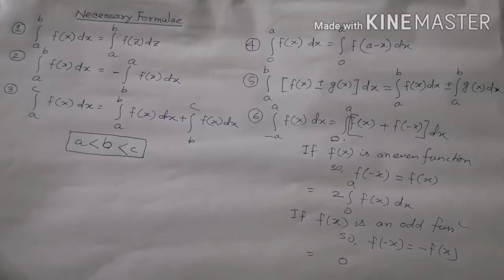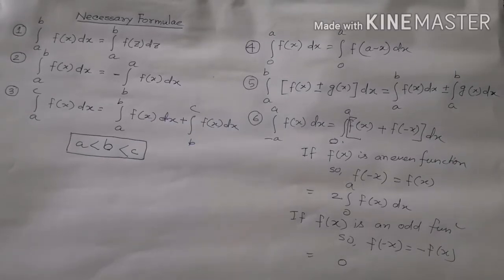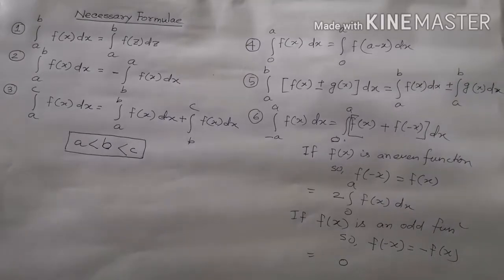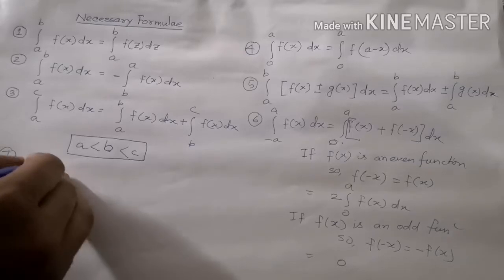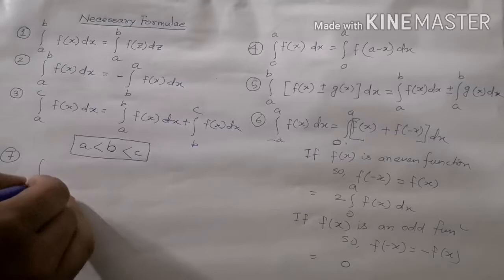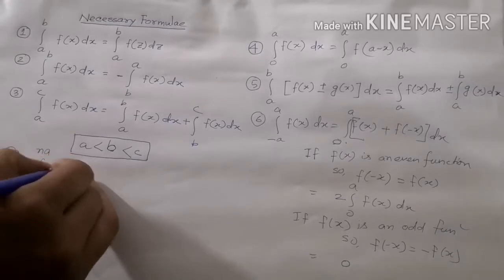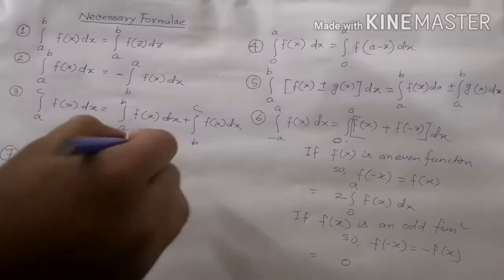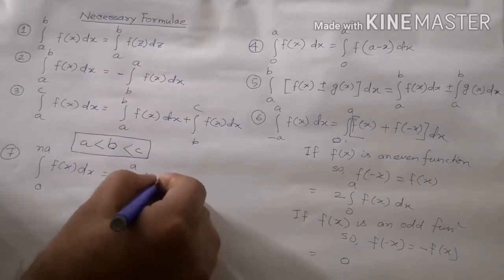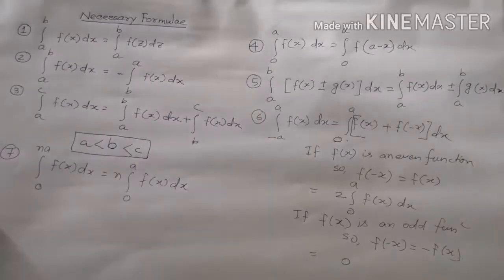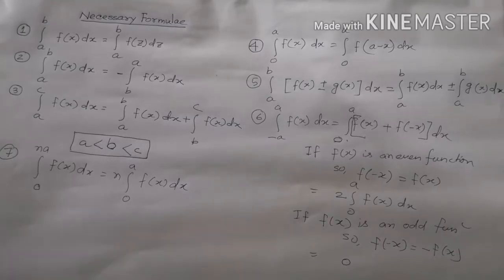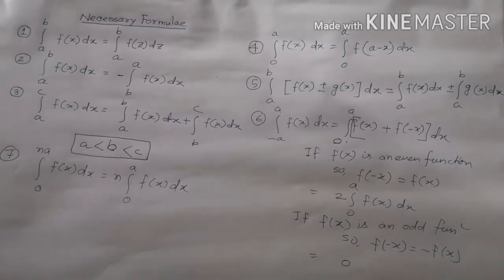Now the last formula is integration 0 to na f(x) dx equal to n into integration 0 to a f(x) dx. So these are the formulas which are very necessary to solve our definite integration.